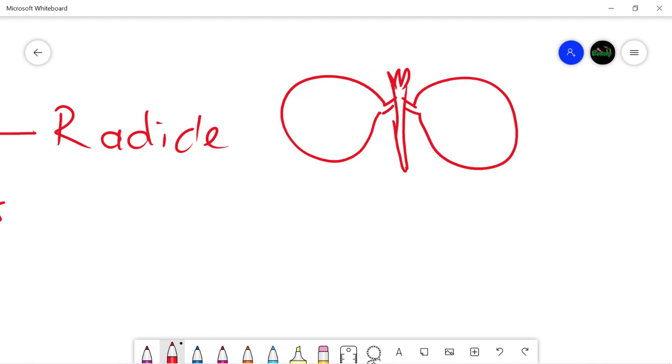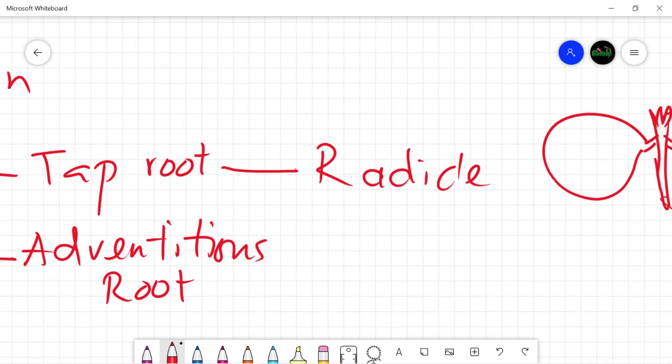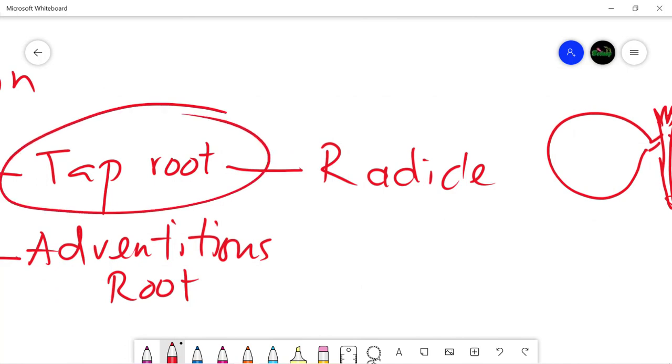The upper part is known as plumule. We are not discussing seed, but just to give you an idea of how the first root, or the taproot, is formed. And the lower part is known as radicle of the seed, and this is the area which grows downwards into the soil and forms the first root of the plant, what we call the taproot.